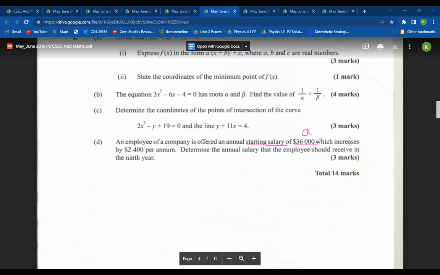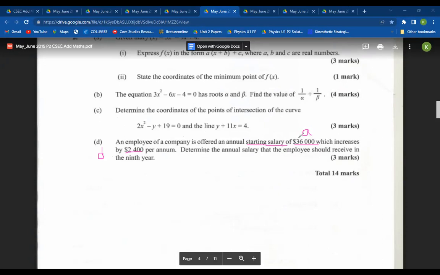That's what I start off with, which increases by 2,400 per annum. This is my D. So you see, when you're doing your exam, you should underline the key points or write it down where you put in your work. Just make sure you note all the things you need for this specific question.